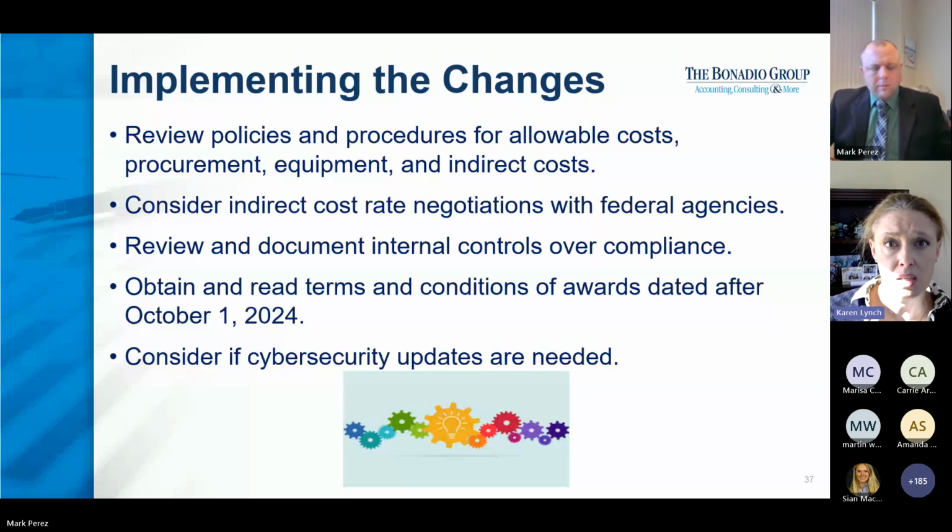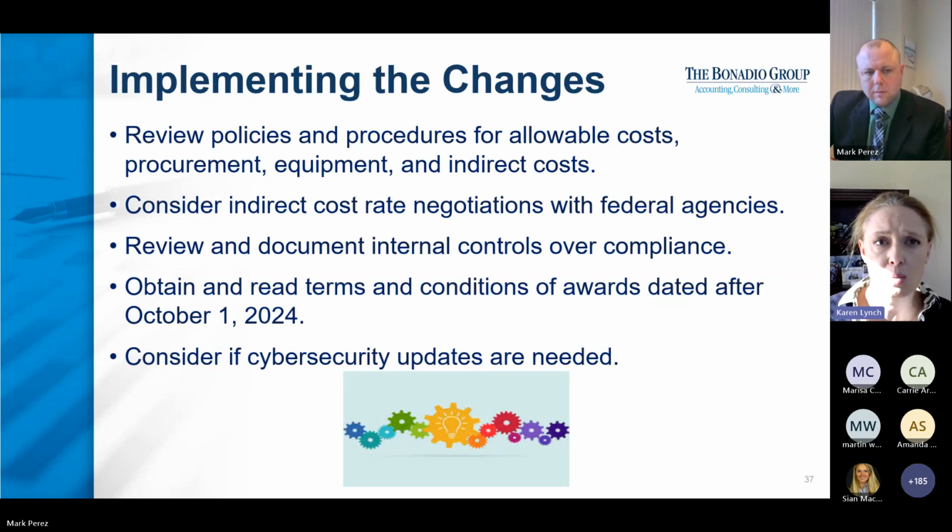As Mark said, the compliance supplement does not come out until May. And again, the changes we've all discussed are specific to those grants that are issued after October 2024. So there will be some time for you to evaluate, okay, what are all these changes? Are they really changing my audit requirements?